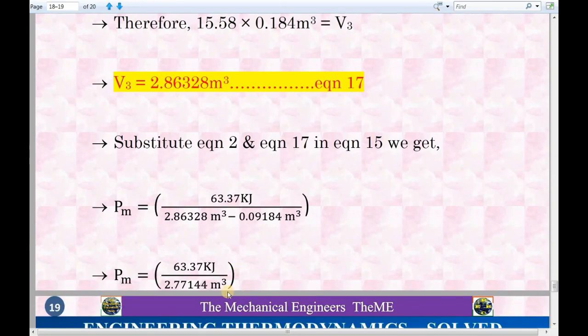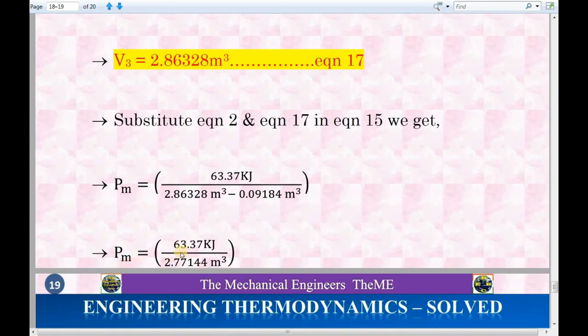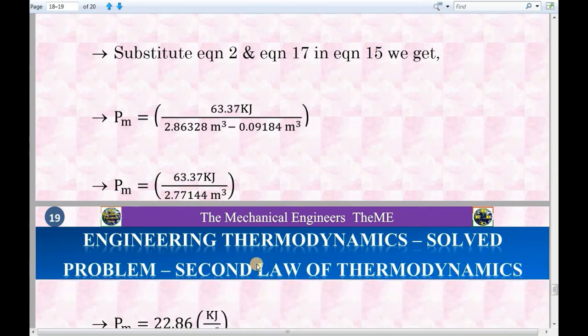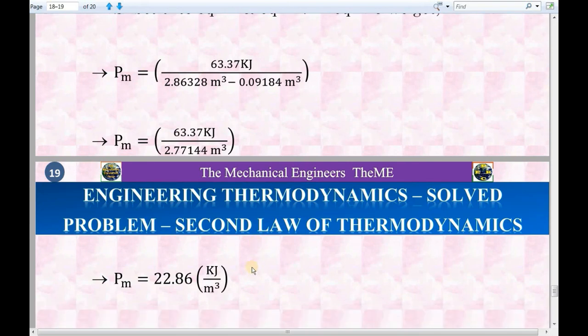So the next step will be Pm is equal to 63.37 kilojoule divided by 2.77144 meter cube. So here 63.37 kilojoule divided by 2.77144 meter cube is 22.86 kilojoule per meter cube. So the next step will be Pm is equal to 22.86 kilojoule per meter cube.